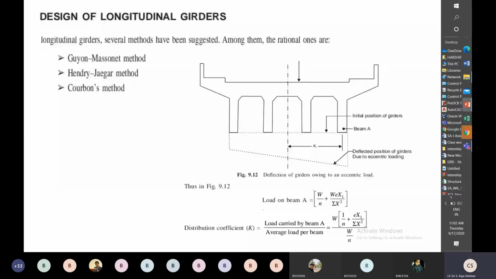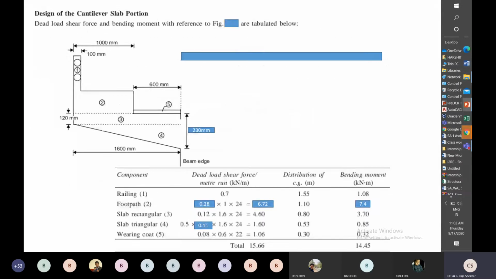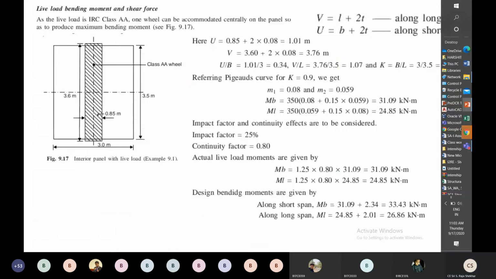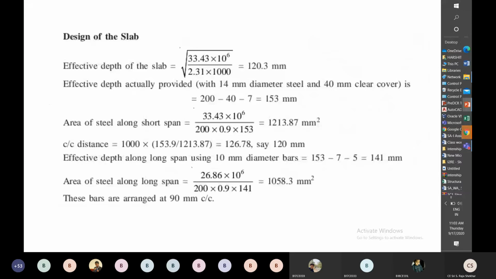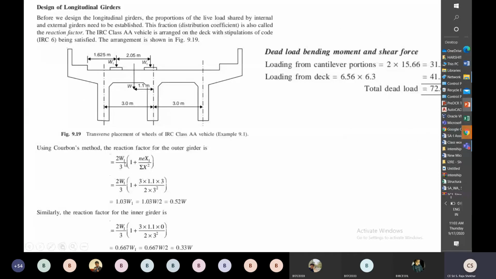Yeah, this is the formula. So the load on beam A, or reaction on any longitudinal girder, is equal to W by N plus W e x1 by sigma x square. So from the same formula, you can calculate the reaction on each girder.